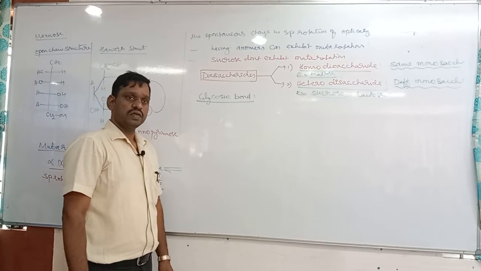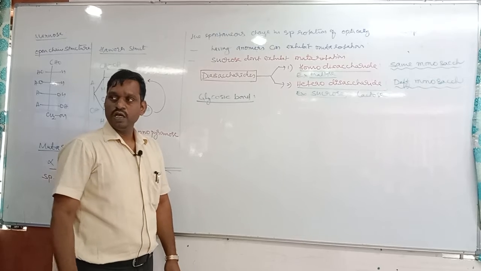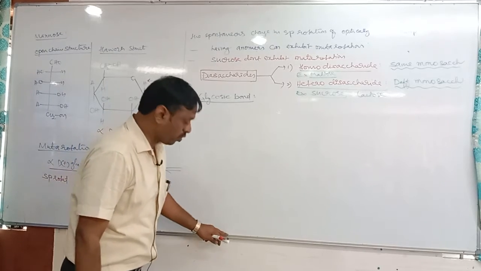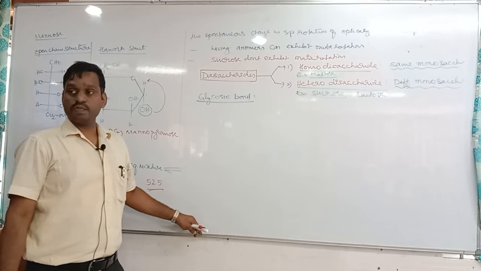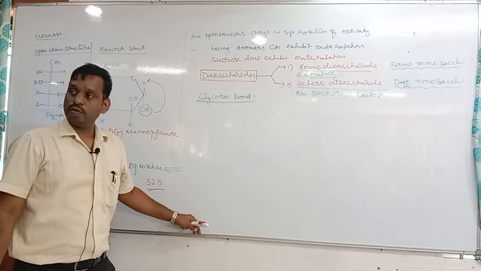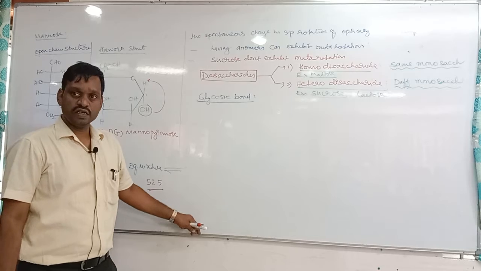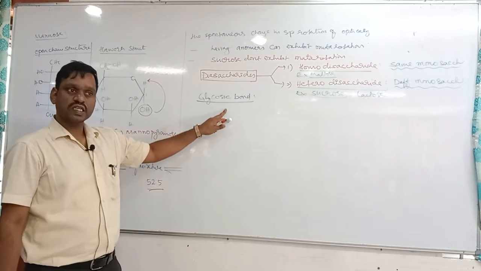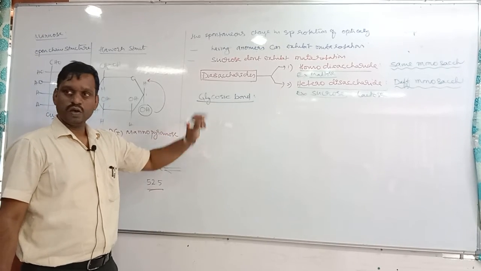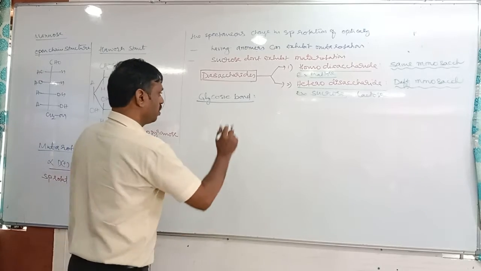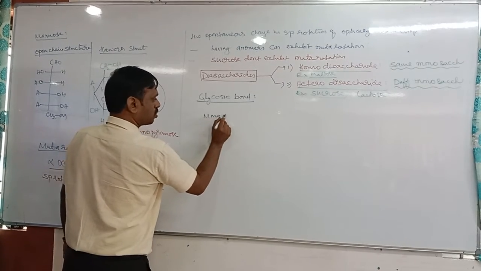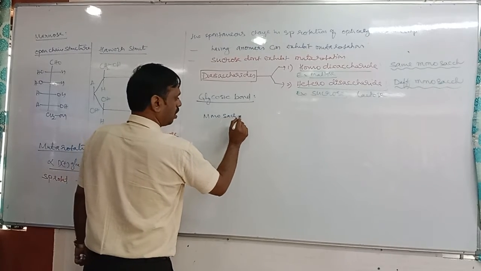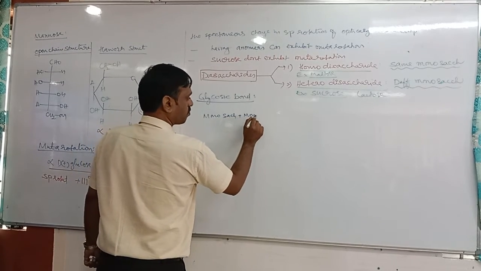Peptide bond, in proteins. What is the bond between two nucleotides? Phosphodiester bond. What is the bond between two monosaccharides? Glycosidic bond.